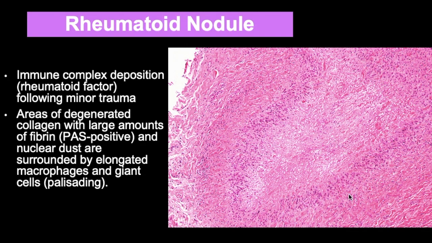If you look into this lesion, it also looks similar to granuloma annulare, and sometimes it's hard to differentiate between the two, especially if the Alcian blue in granuloma annulare did not stain those lesions well. So you have to rely also on the clinical history to differentiate.